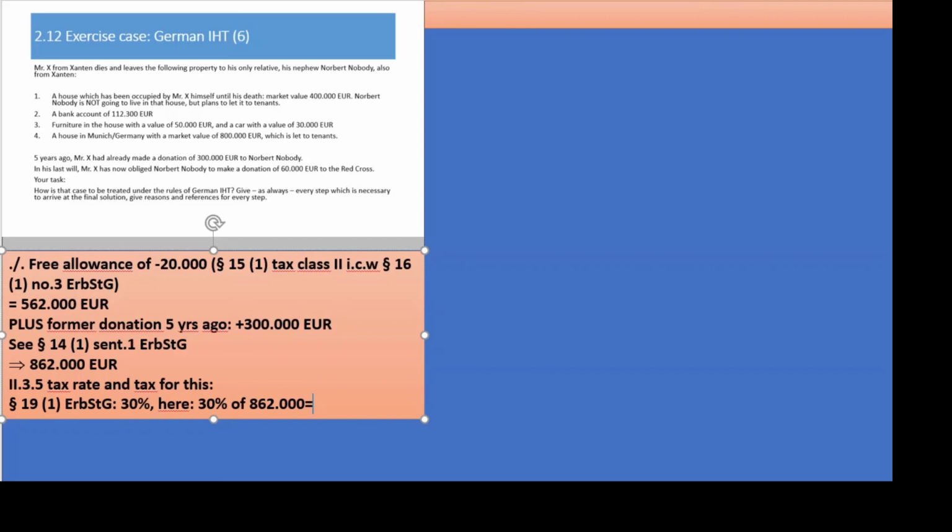So that's here 30% of 862,000. That is, let me take refuge to my calculator. That must be 258,600. Now let's do the 19.3 test. Is that tax excessive or so? The last threshold was 600,000.